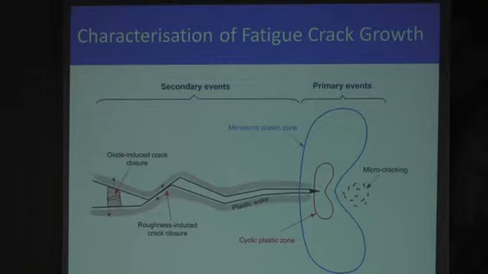And we think the most important thing actually happens in front of the crack, not behind the crack. If you think from a physical perspective, it is a very, very simple idea: for the crack to propagate, the material ahead of the crack must separate, allowing the crack to go ahead. So it's a very, very simple idea.